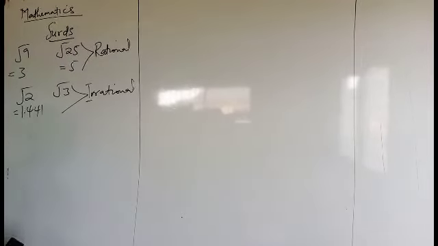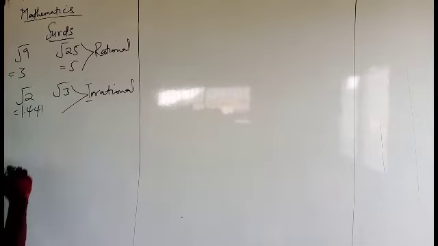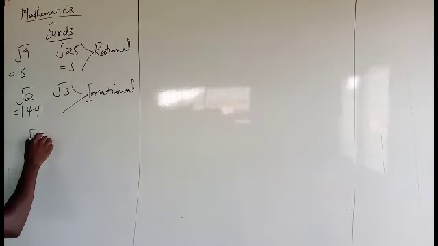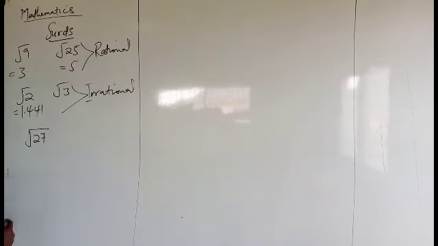So let's look at how to solve surds by breaking them down. Let's take an example, reducing root 27 to its basic form. To solve this, look for the factors of 27, or numbers that when you multiply will give you 27.